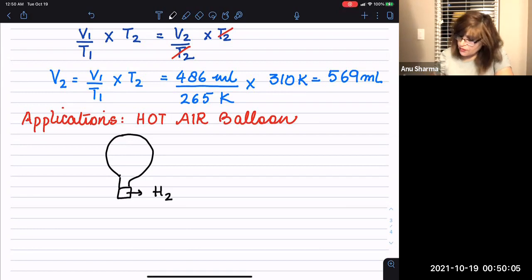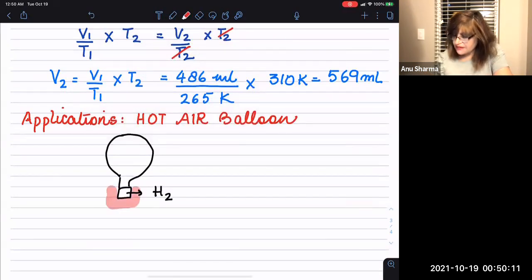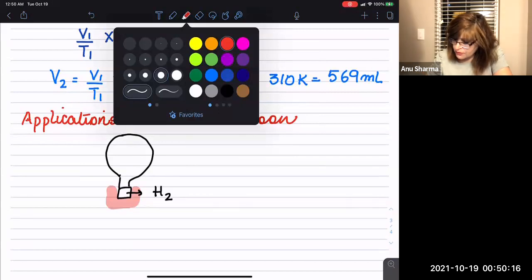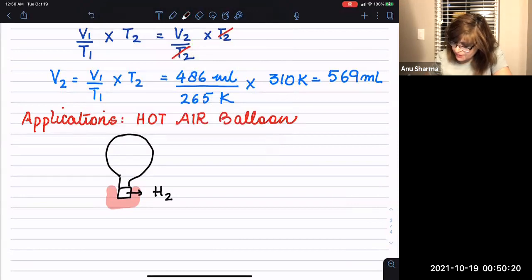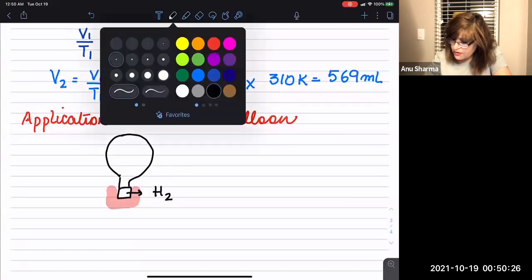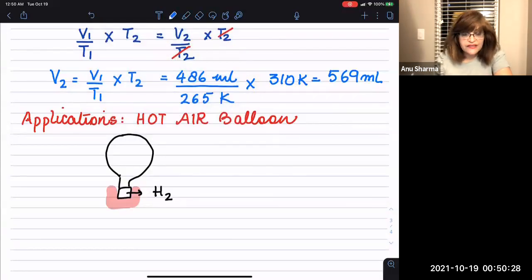When this gas gets heated up, there is a certain volume the balloon is, and as the temperature increases, the balloon begins to expand. Why? Because the gas gets heated up.